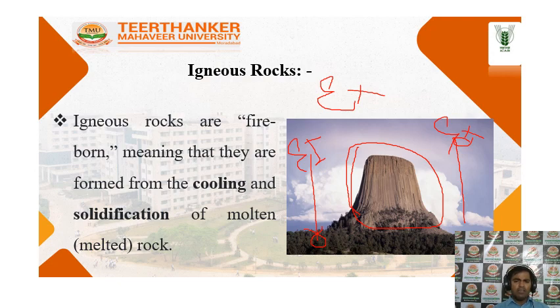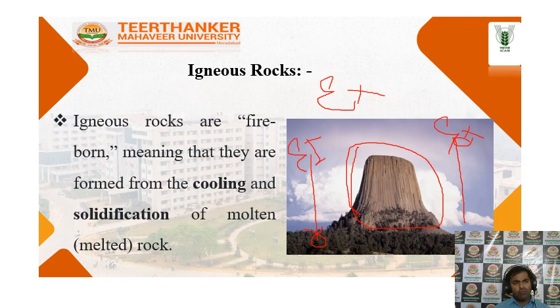Here the igneous rock is developed after the volcano eruptions. Whenever a volcano eruption happens, a lot of material is extracted from the surface of the earth, which is known as molten magma.